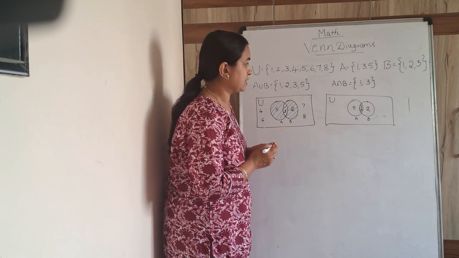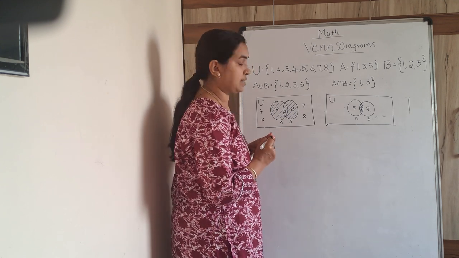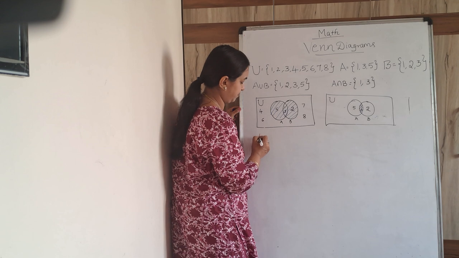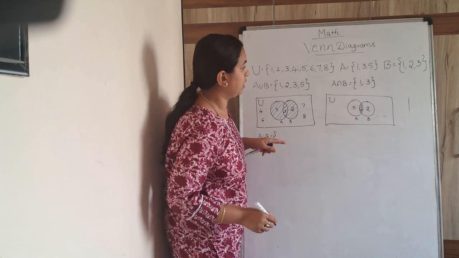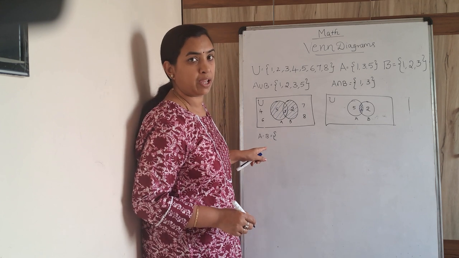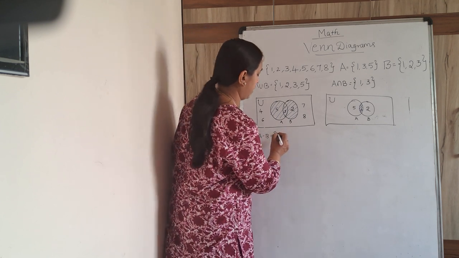Next, in order to find the subtraction A minus B, we need to write down only the elements of A which are not in B, that is 5.